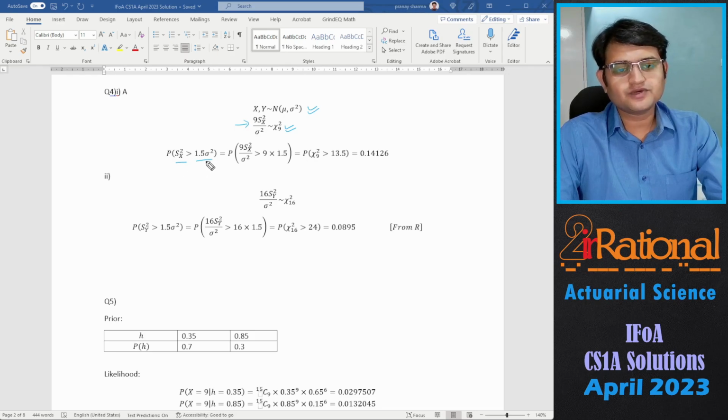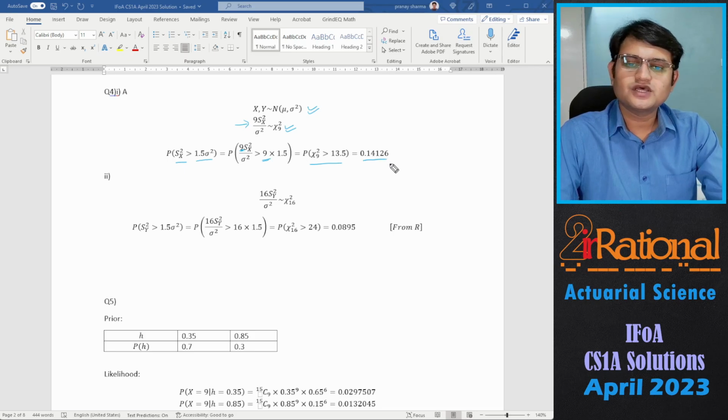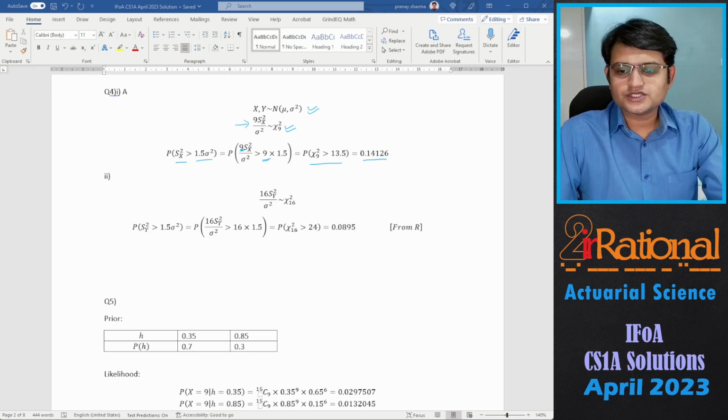I'll divide by sigma square and multiply both sides by 9. So we get chi square 9 greater than 13.5. I've used R programming to find this value and we get 0.14126. And because this was an MCQ, we don't have to write any of this explanation. We just have to write the option.